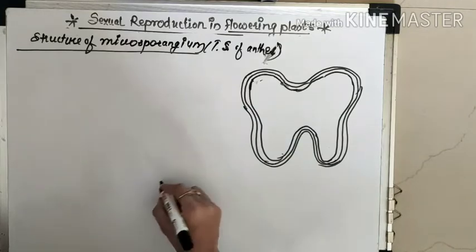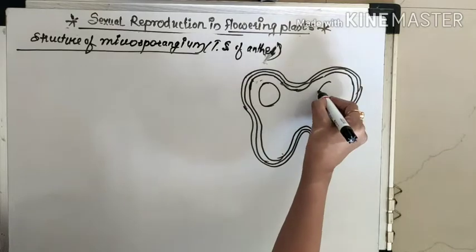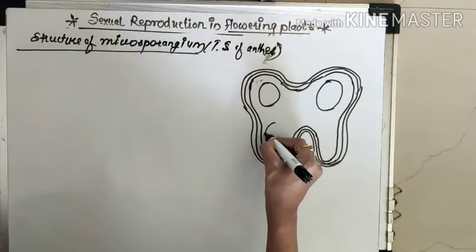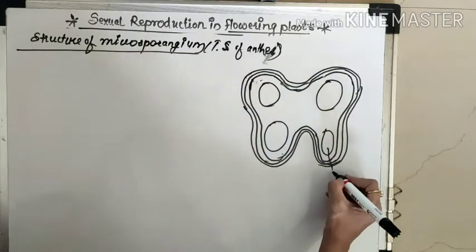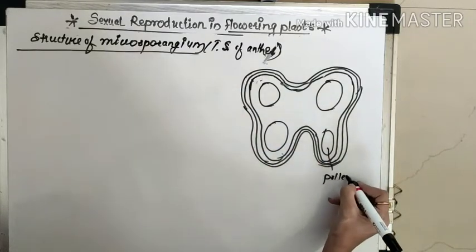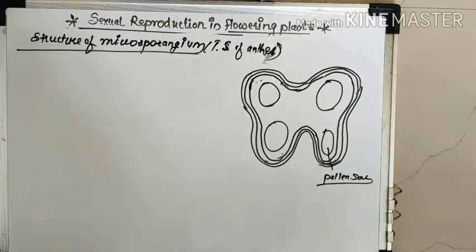Then there are 4 Microsporangia, which are nothing but pollen sacs. How many pollen sacs are present in an anther? If there are 2 anther lobes, there are 4 pollen sacs. So each lobe contains 2 pollen sacs.